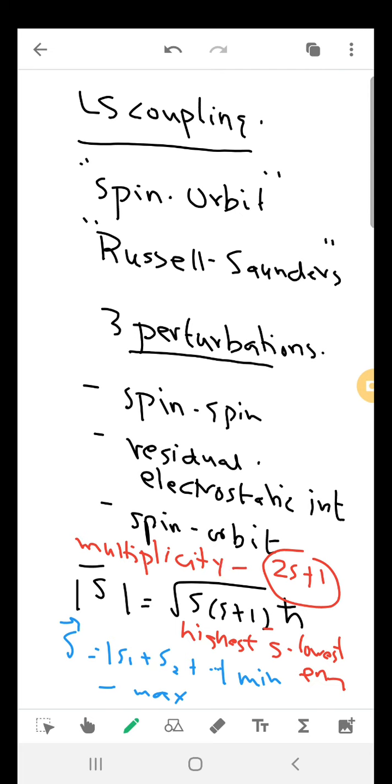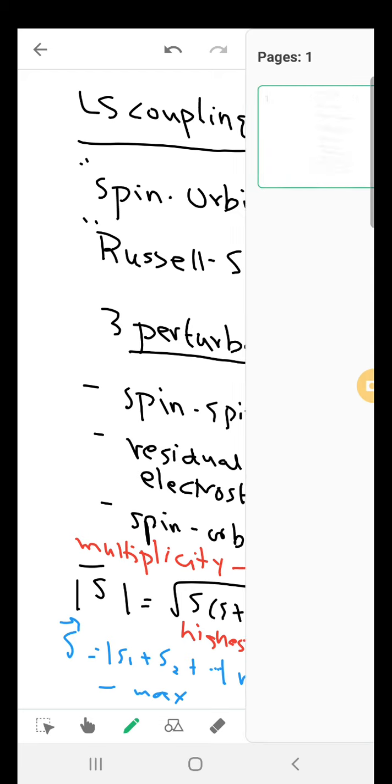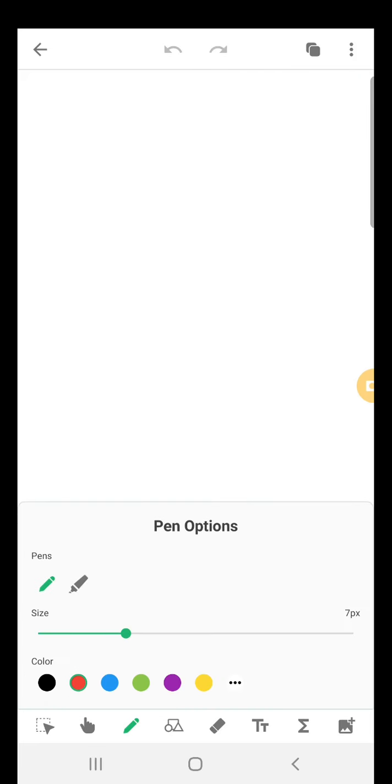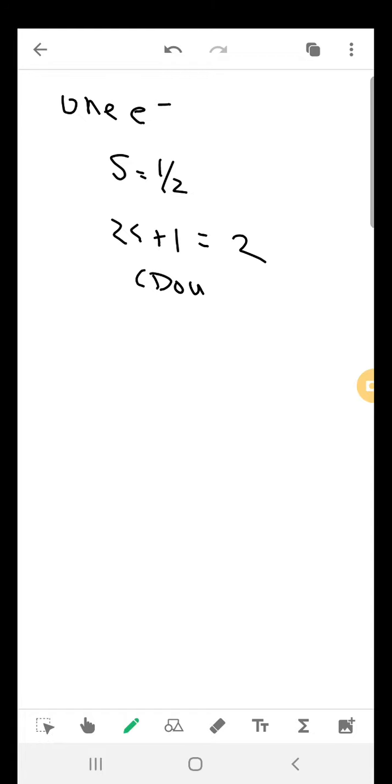For example, if there is only one electron, then the value of S will be half, since only one electron is present, so 2S plus 1 will be equal to 2, and it's called a doublet. So it will have two different levels.